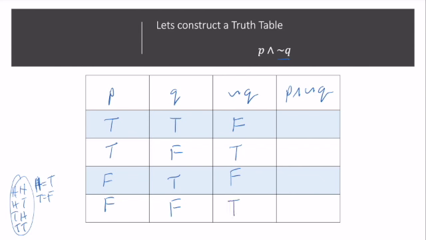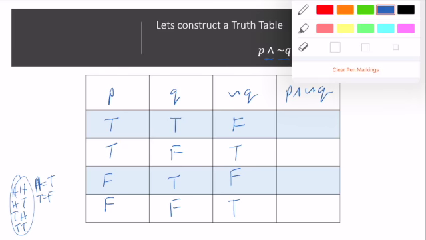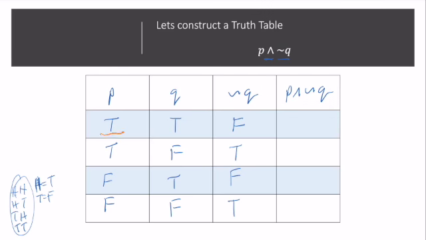Now, I want to know P and not Q. It's important to remember that for the and symbol, it's only true if both P and not Q are true. So here I have P and not Q. So true and false gives me a false.